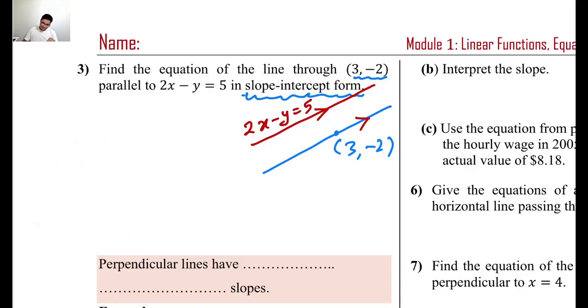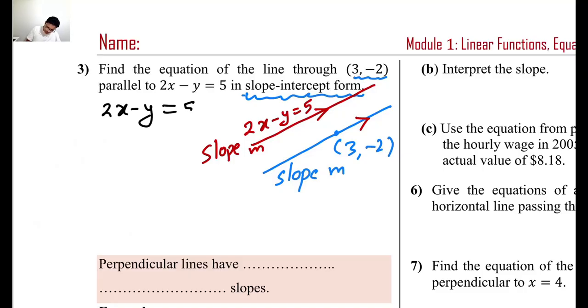So whatever slope this line has, this line also will have the same slope m, right? That is the idea. So first of all, I need to find the slope of the given line. Okay, so that's where our work starts. 2x minus y equals 5, minus y equals minus 2x plus 5.